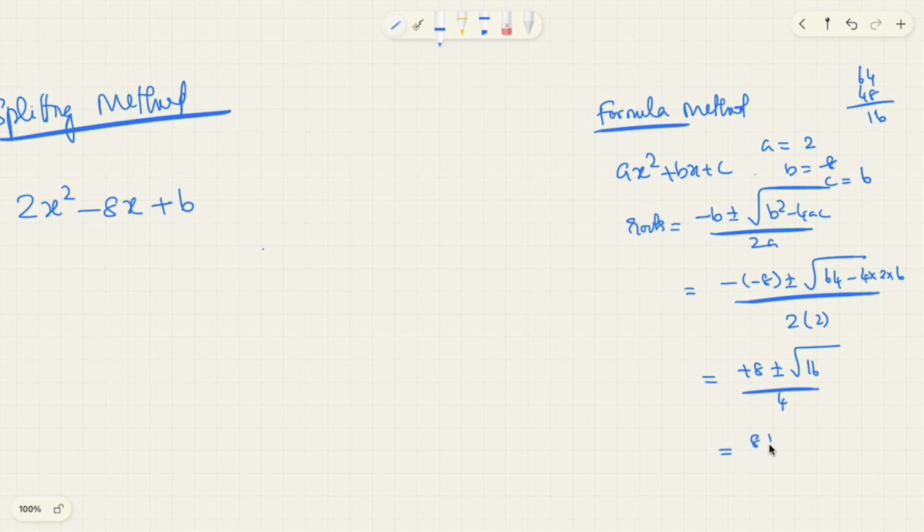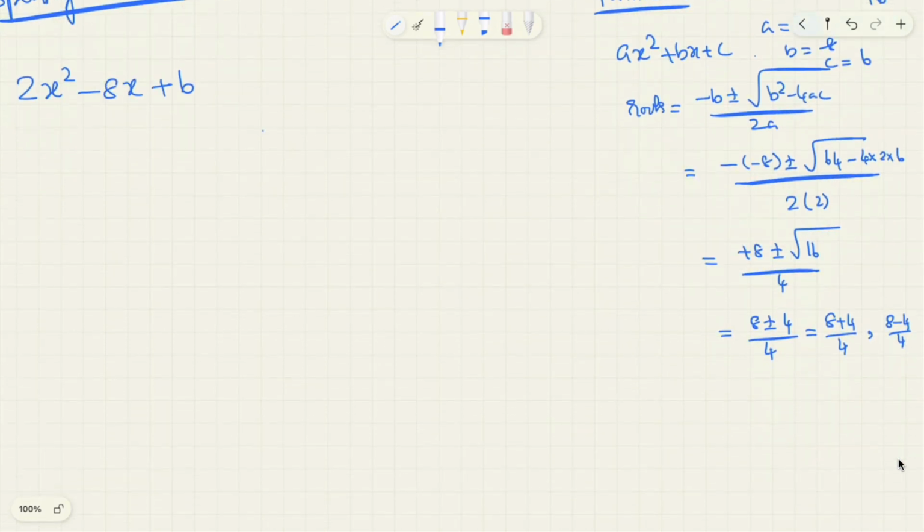Hopefully you remember that we solved this problem in the previous lecture: 8 plus or minus 4 divided by 4. That's 8 plus 4 divided by 4 comma 8 minus 4 divided by 4, correct? That means we get 12 divided by 4 comma 4 divided by 4, which is 3 comma 1. So we know that the roots are going to be 3 comma 1.